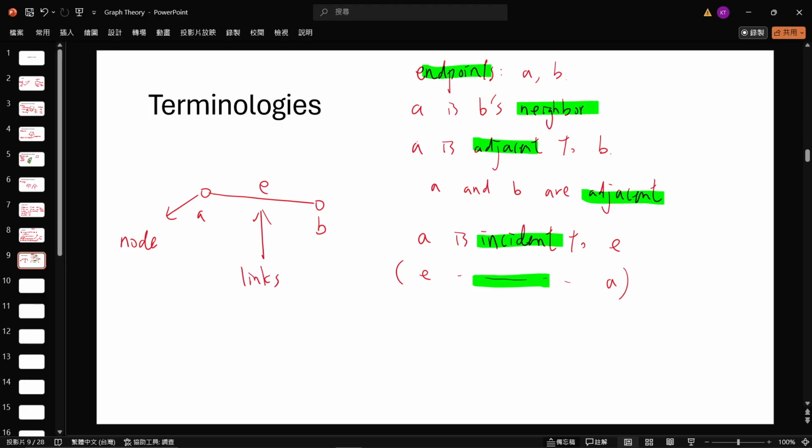So node and vertex are interchangeable, and similarly link and edge are also interchangeable for this course. Kind of boring, but we have to do this.